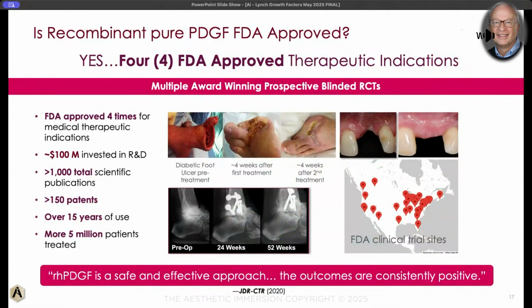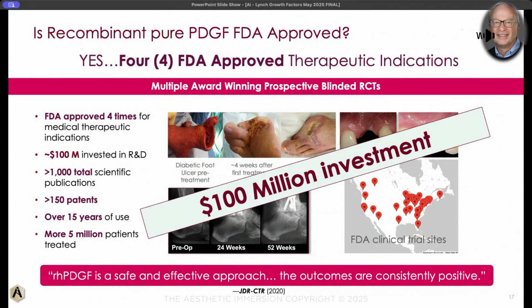Next. Okay, and go ahead and click one more time, please. So, talking about cost of all these clinical trials, this is why a lot of companies in the aesthetic medicine space don't really go through the rigorousness of doing randomized controlled clinical trials.